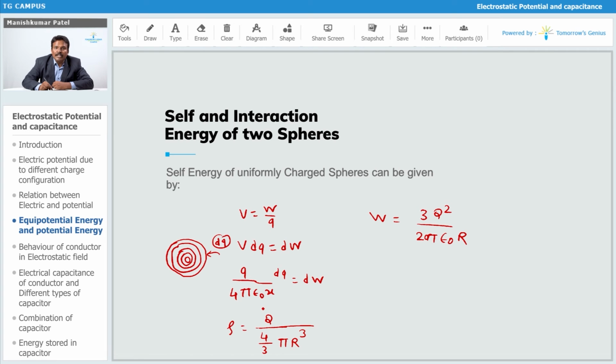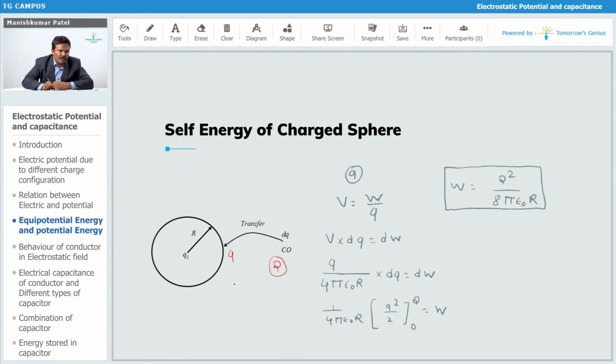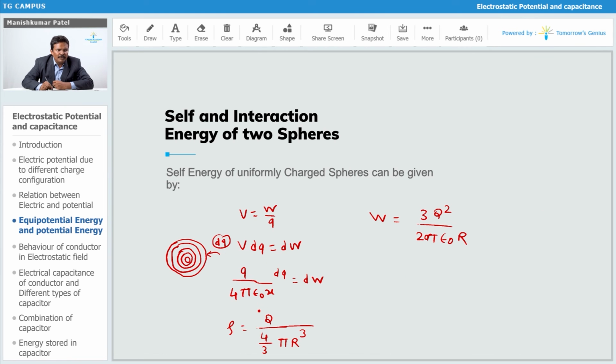So that is the case for your sphere. Now, similarly, what we have seen for your spherical shell is Q square upon 8 pi epsilon naught r. Similarly, for your sphere we have seen 3Q square upon 20 pi epsilon naught into r.